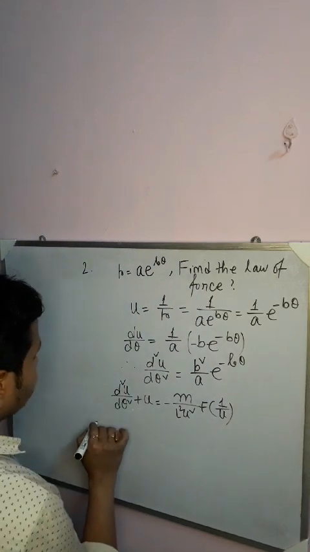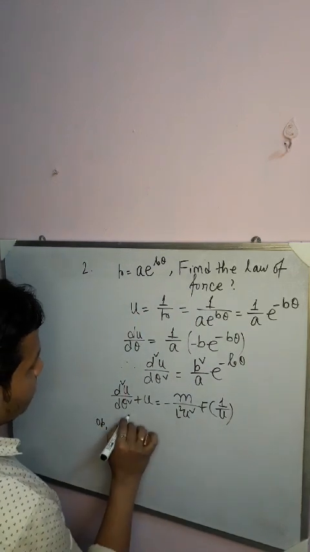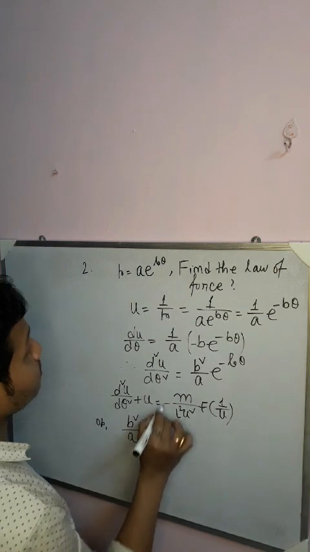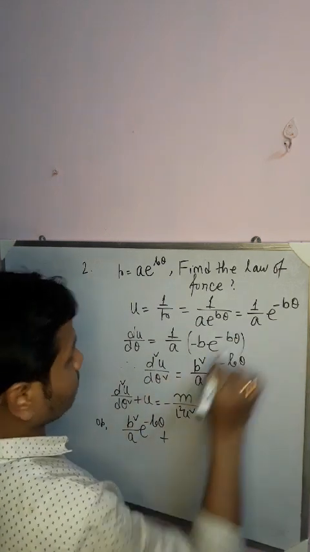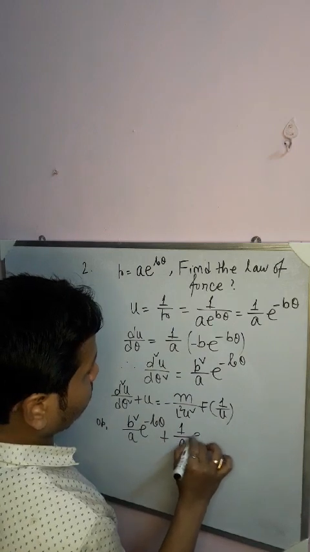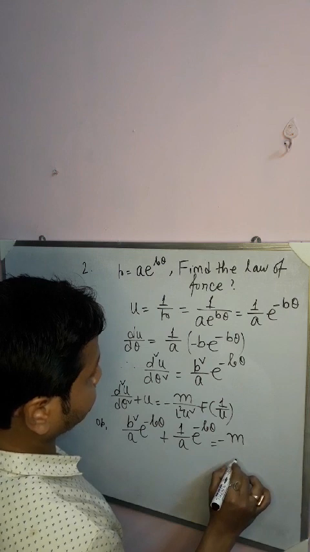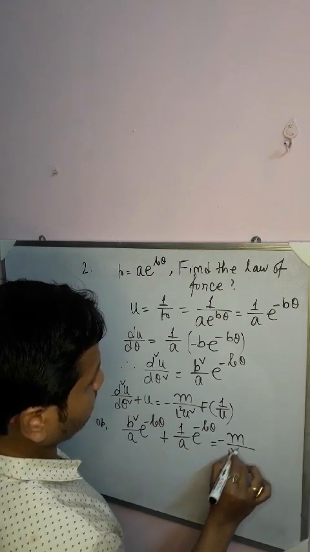So if we substitute these values, then this is simply b² by a e to the power minus bθ, and what will be u? u is 1 upon a e to the power minus bθ, minus m by L².